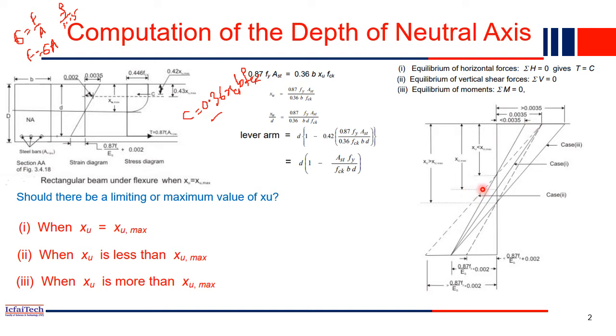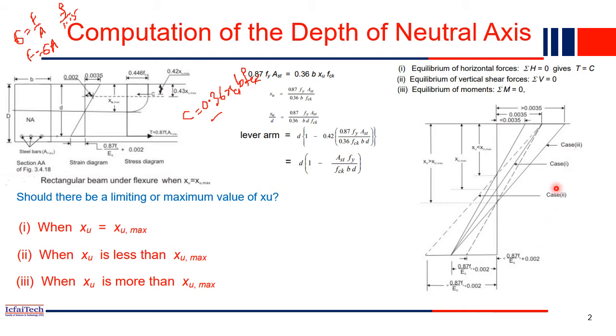That depth of neutral axis we call XU max. I'll tell you why it is XU max. So this is case 1. You understood it: in case 1, the concrete also fails and the steel also fails, because both reach maximum strain capacity. Simultaneously the concrete fails and the steel fails.